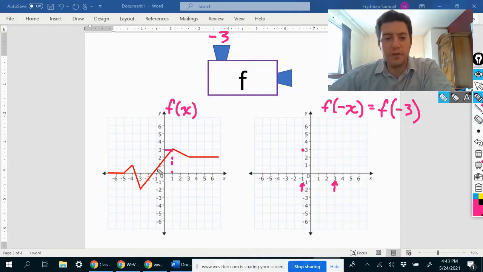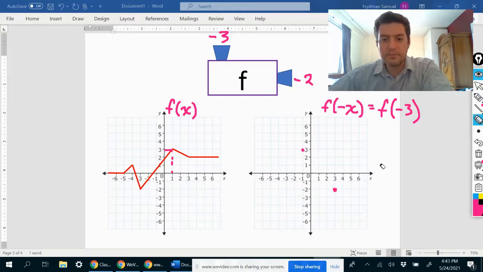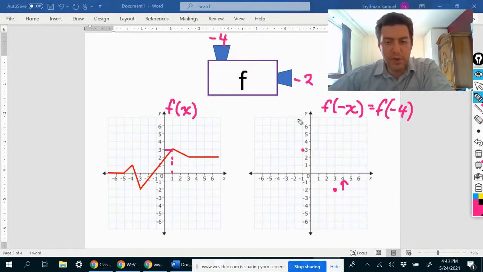And we know from over here that if we put -3 into the function machine, we would get -2 out. So this should be -2. Okay, what if our x was 4? Then we would actually be putting -4 into the function machine. And we know from this graph that we would get +1 out.